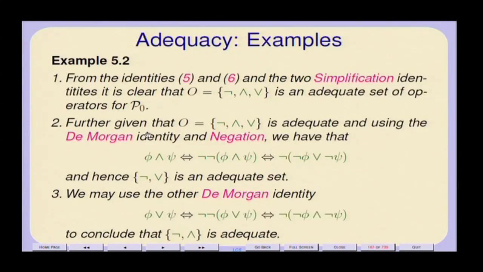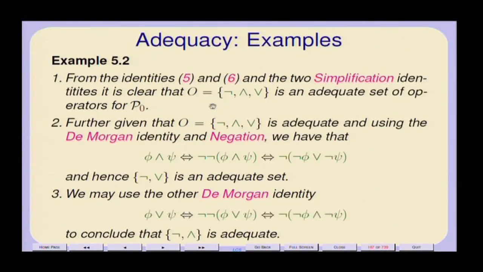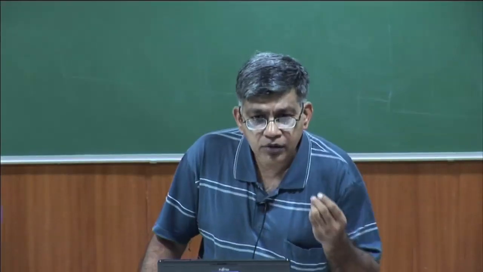So, from identities 5 and 6, and the two simplifications, we get that this set O consisting of these 3 operators is an adequate set of operators. By the way, it is possible to also get rid of bottom and top.